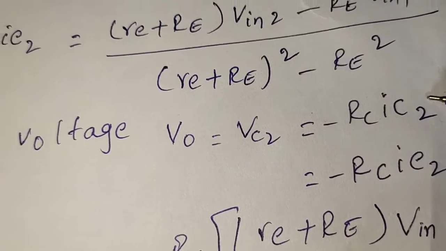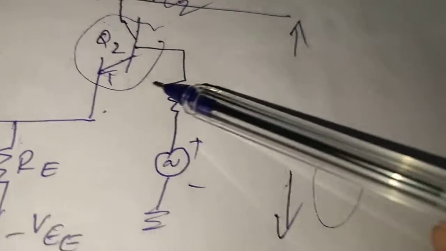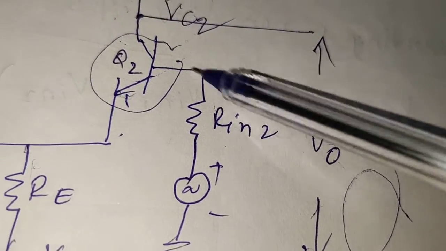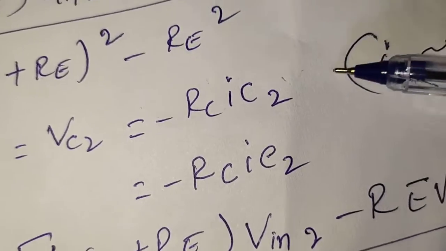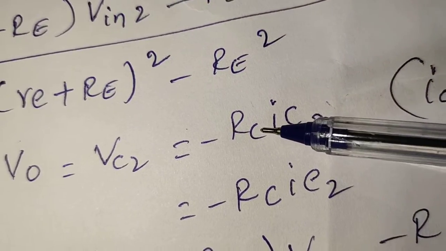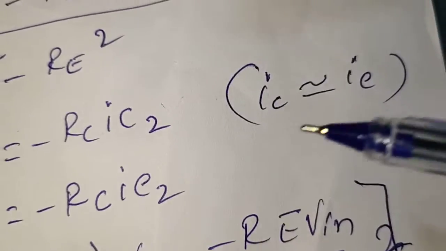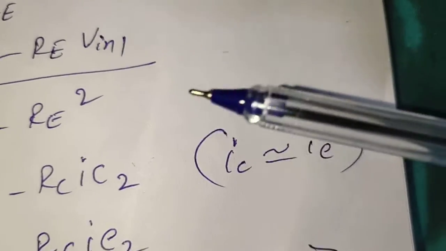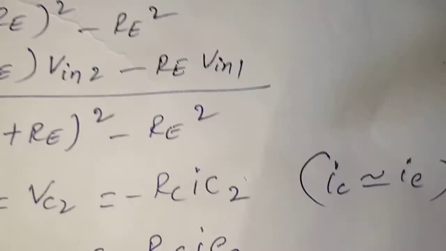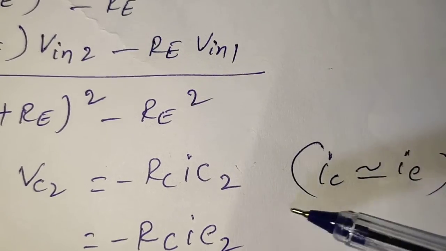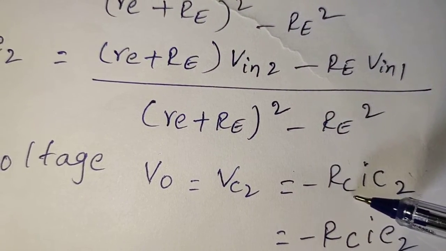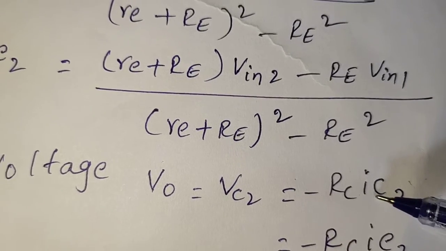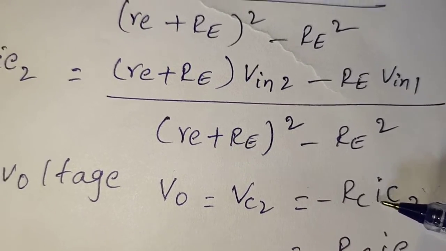V is equal to I into R according to Ohm's law, so IC2 into RC. What is IC? Approximately equal to IE. This we know. So V0 is VC2, equal to minus RC into IC2. V is equal to I into R.